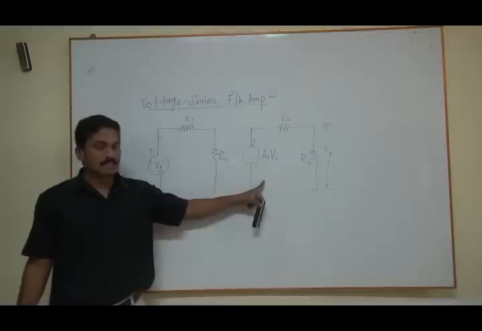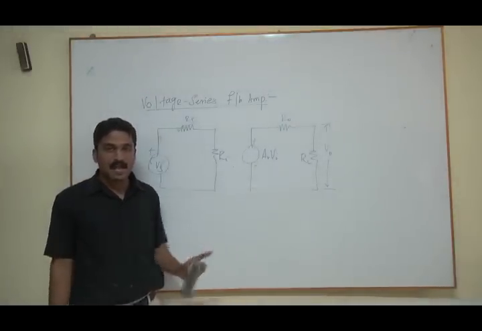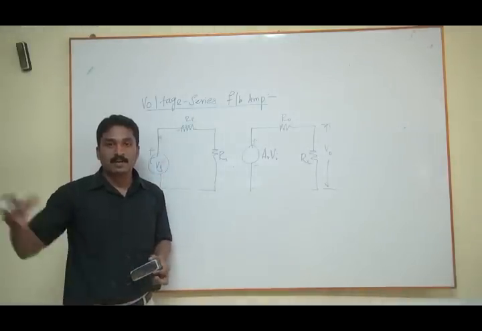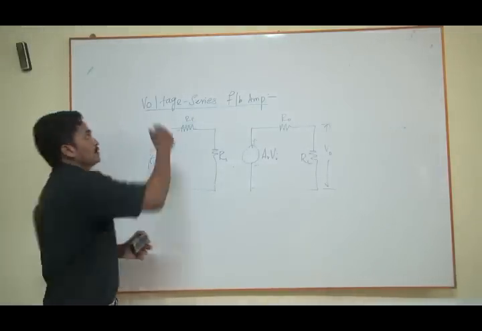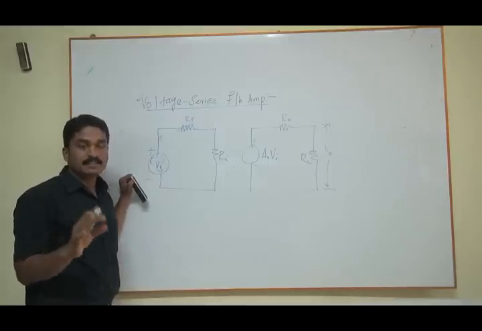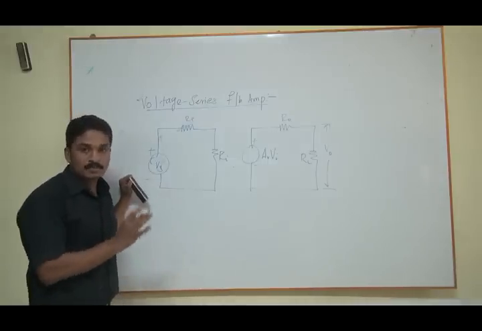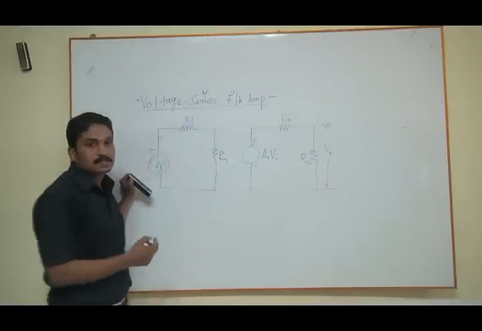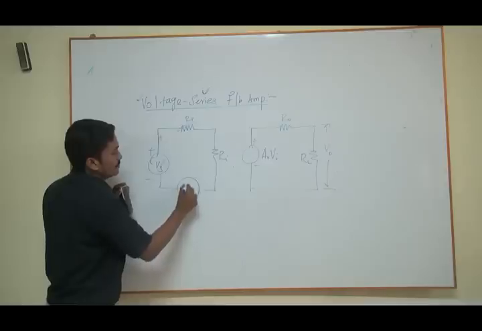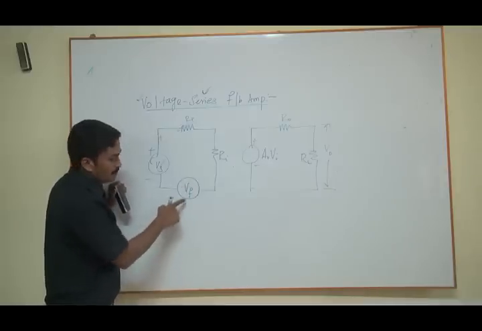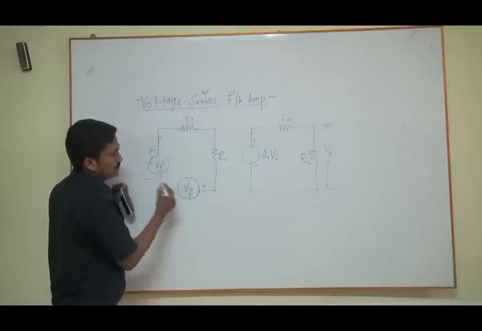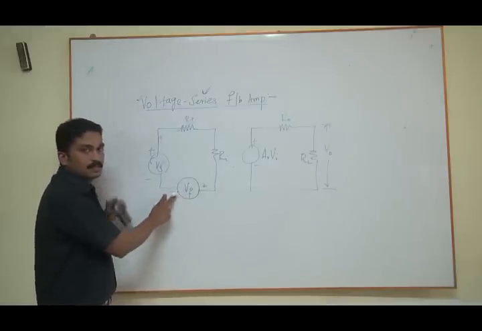So this is nothing but a normal voltage amplifier, and in the voltage series feedback amplifier we draw a voltage because of the parallel connection. We draw voltage as a feedback signal and we connect that in series with the input side circuit. That is what your second term says. So you have to include that as a voltage source Vf, the feedback voltage, with the plus minus notation as this.